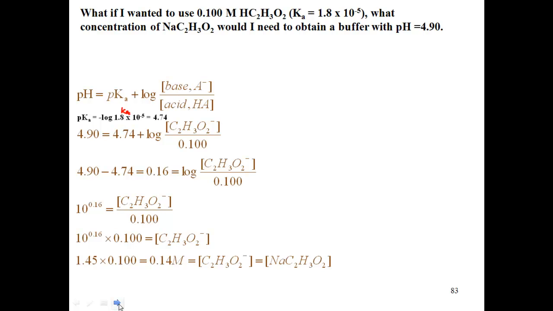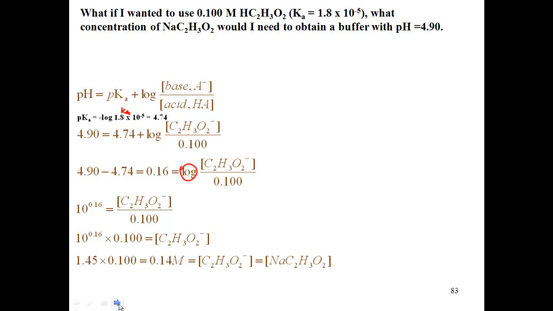Do some arithmetic. I bring my 4.74 over, so 4.9 minus 4.74 is equal to 0.16, which equals the log of my concentration of acetate divided by 0.1. I get rid of the log by doing the anti-log, so it's 10 to the 0.16 equals my concentration of acetate divided by 0.1.